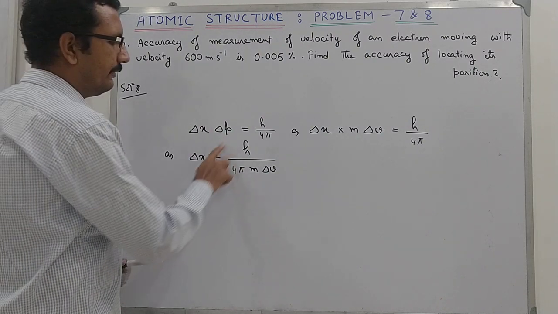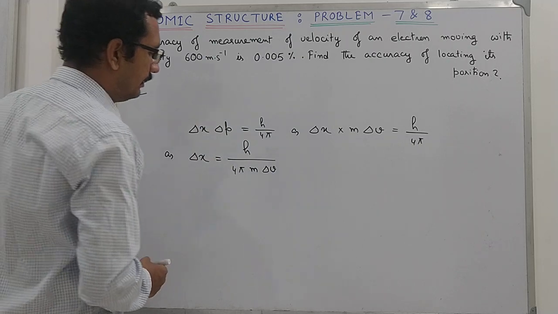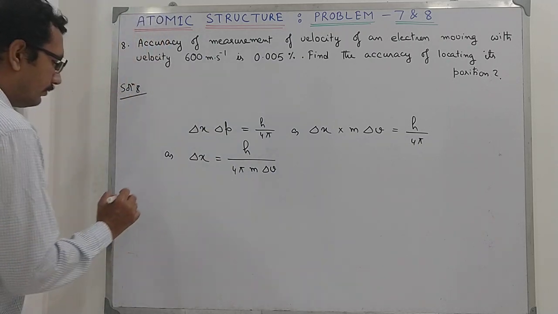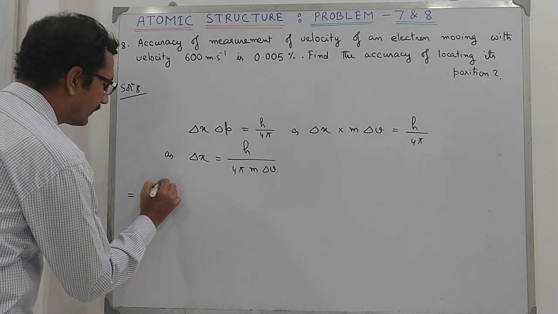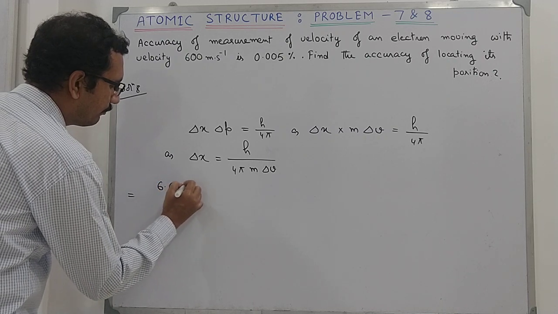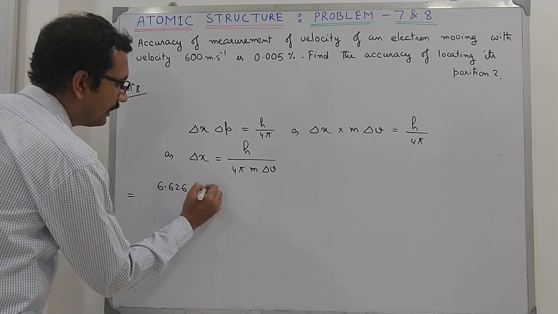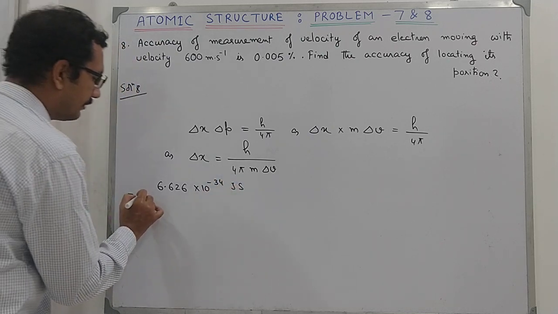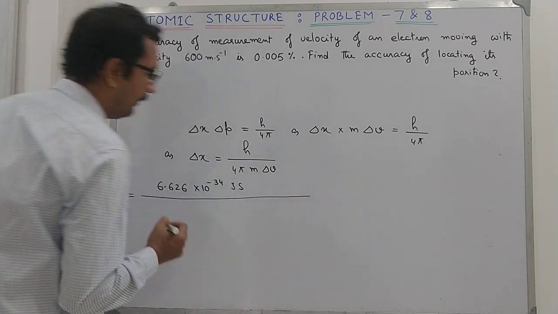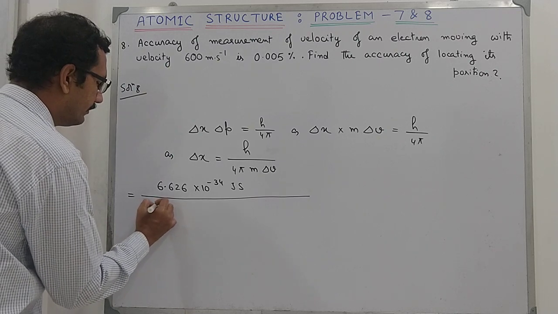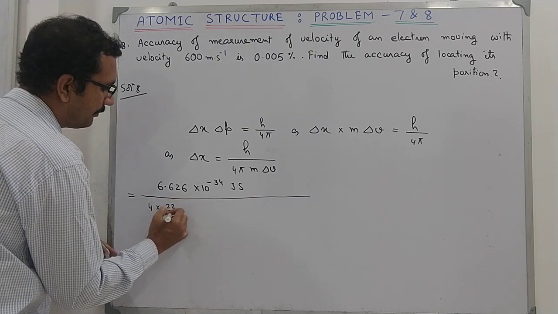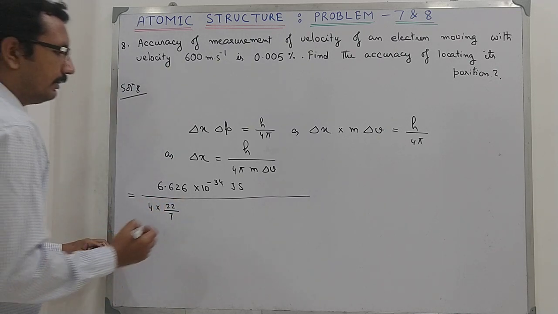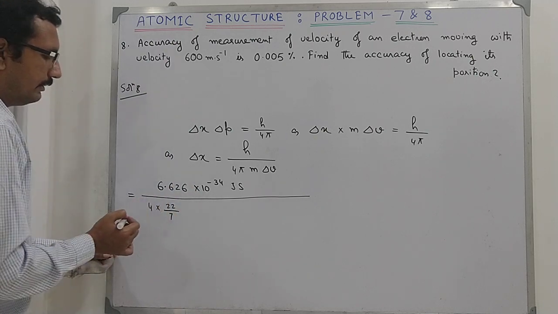Now we have to carefully put the values of these things. So h is given by 6.626 into 10 to the power minus 34 joule second. It is a Planck's constant, and for 4 pi, you can directly put pi in the calculator or you may take it as 22 by 7.